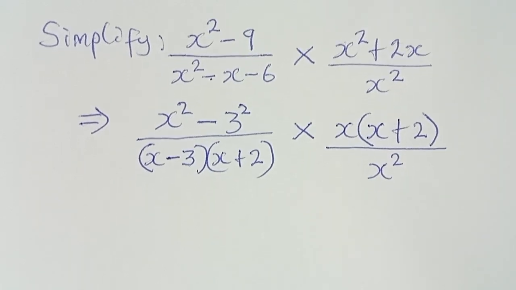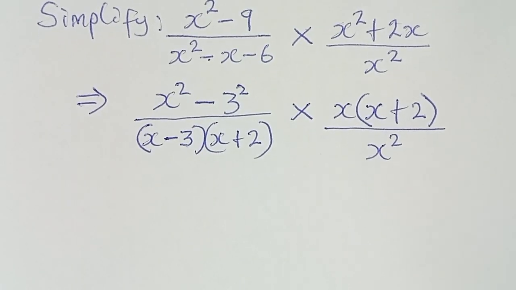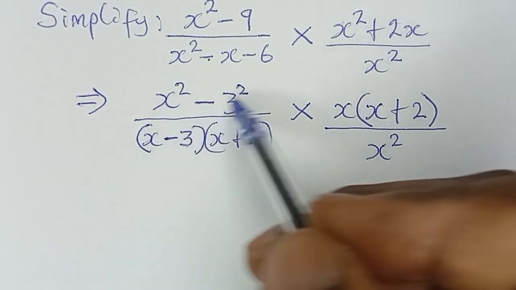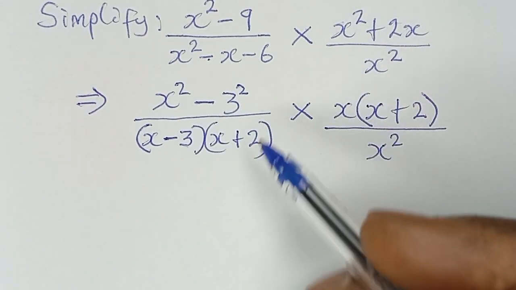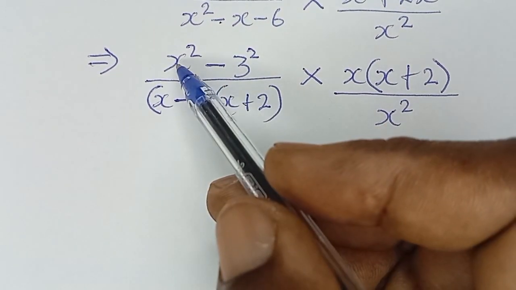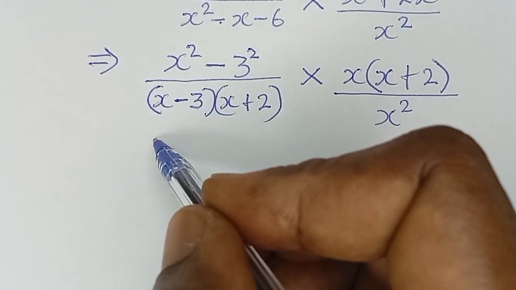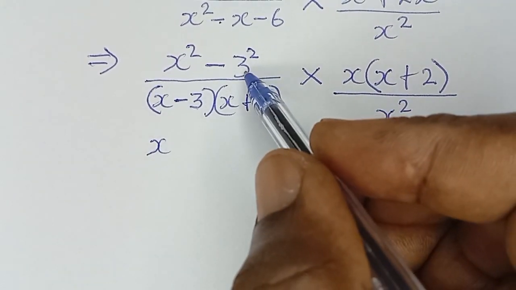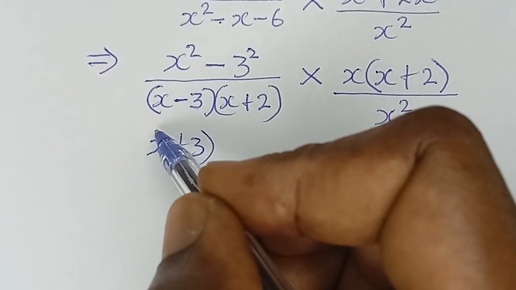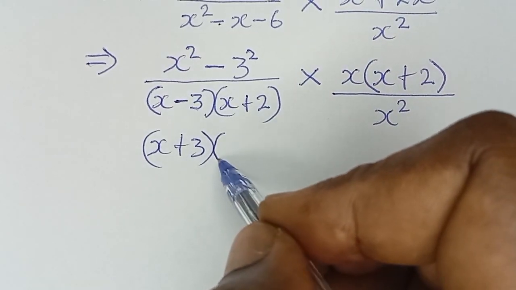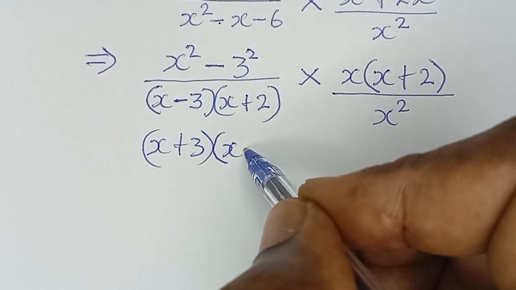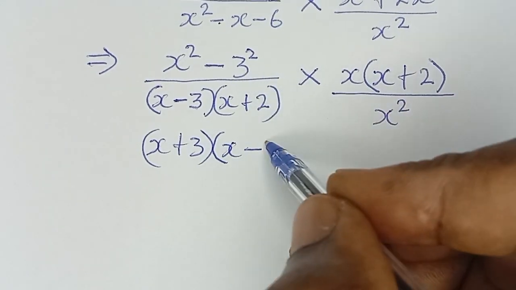Now I can go ahead and factor this difference of two squares. A simple trick again for factoring a difference of two squares like that is to take the first term here, x, add it to the second term, which is 3, so plus 3, enclose it in a bracket, open up another bracket, take the same x here, and this time minus 3.